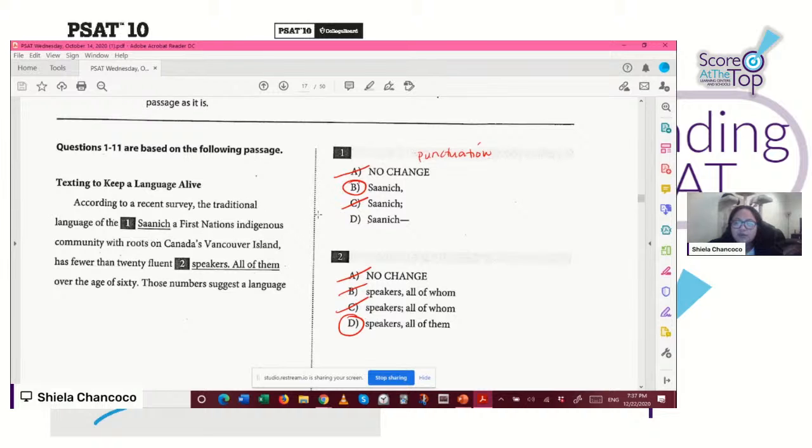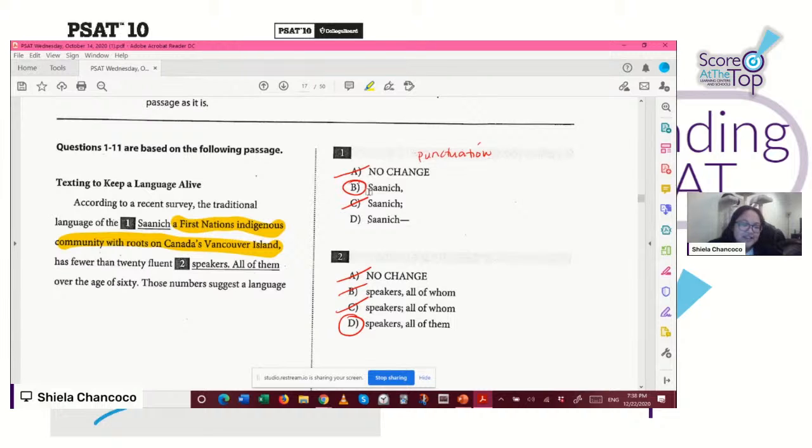More than likely you need a comma there because they're trying to say a First Nation Indigenous community with the roots of Canada, right, is the Saanich. So they're explaining to you what the Saanich is, right? And that is the indigenous tribe in the Vancouver. So you have to put a comma there to close out the other comma at the end here, right?